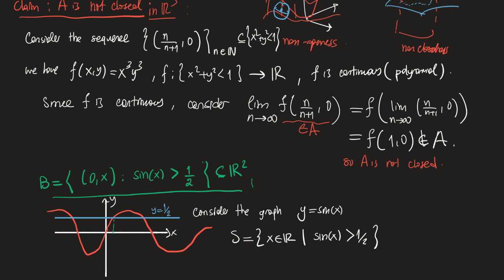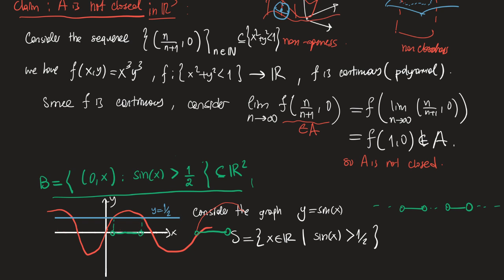When you take them, it is these following intervals. For example, here also you will have some interval like this, and so on. So at the end, your points will look like infinitely many intervals, until infinity.